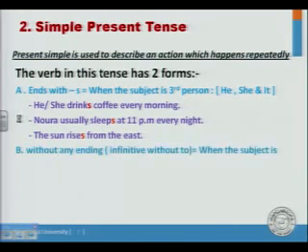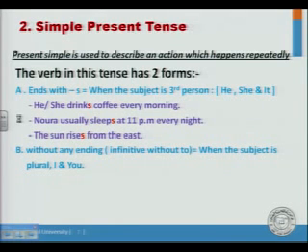The second form of the verb, as I said, has no ending, just the first form, or between brackets, the infinitive verb without to. Let's have some practice here. Before practice, let's see some examples.